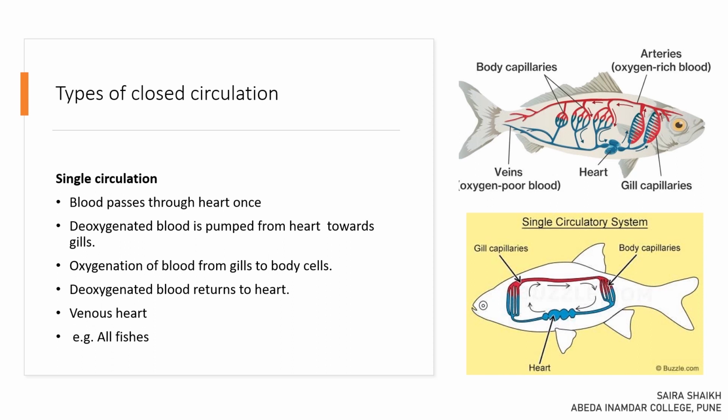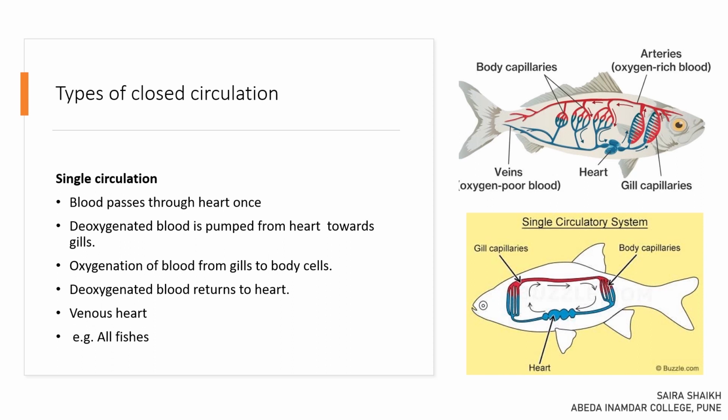In the cells, this oxygen is utilized for various metabolic activities. After metabolism, CO2 is generated as a waste product. This waste product is present in the blood.